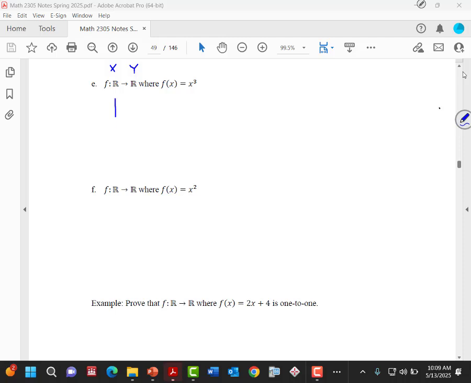For those of us who know what the graph of the x cubed function looks like, it does something very similar to this right here.